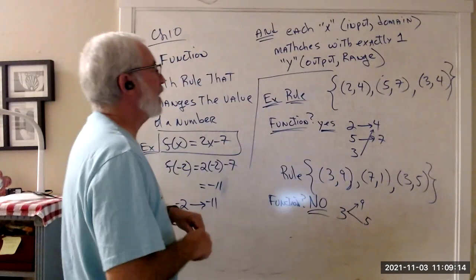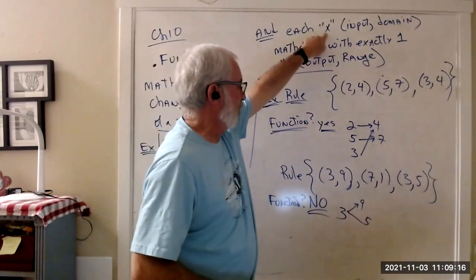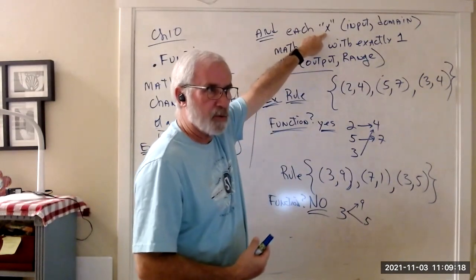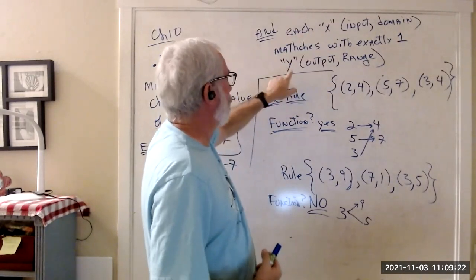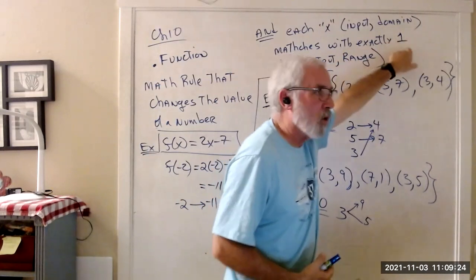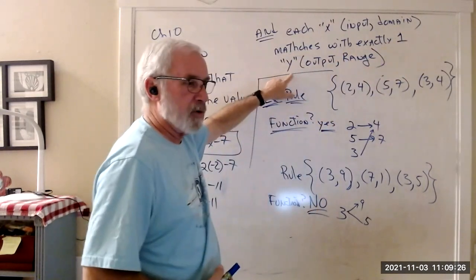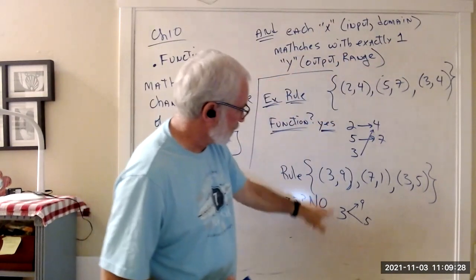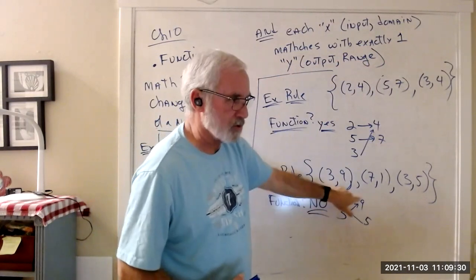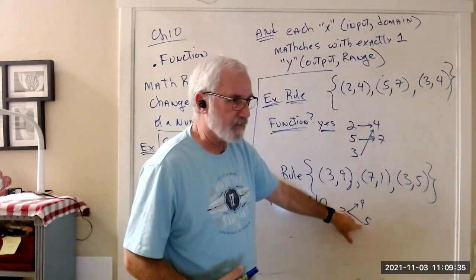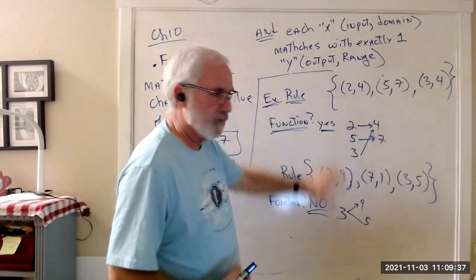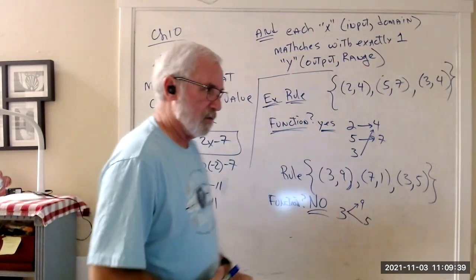And the rule says each x, each starting number, 3, can match with only one y value, exactly one output number or y value. And here this is saying, nope, sometimes 3 goes to 9 and sometimes 3 goes to 5. Can't have that. So this is not a function.